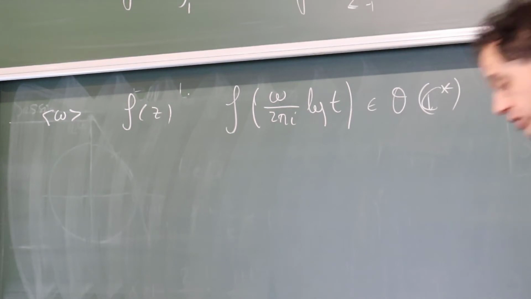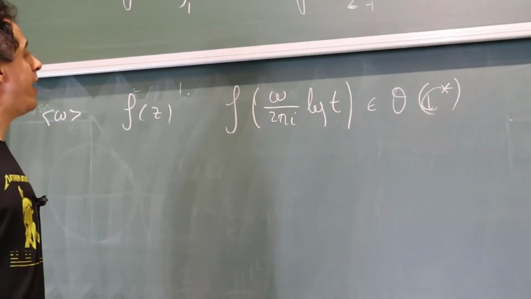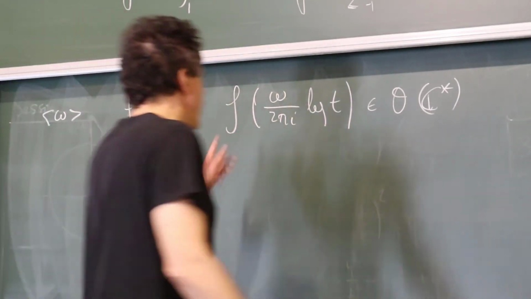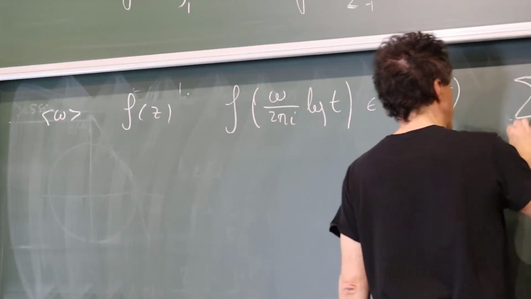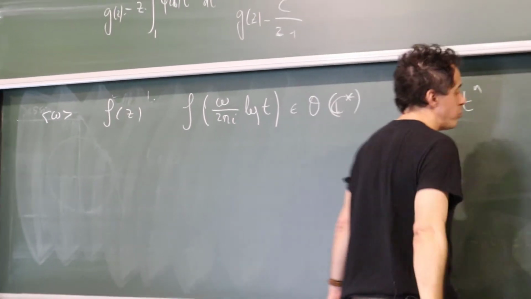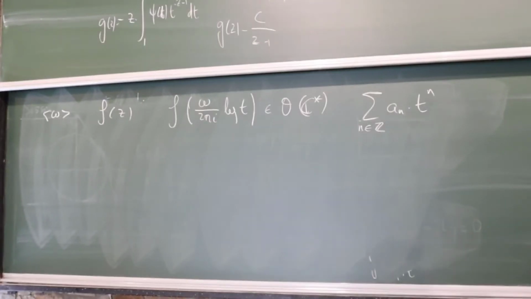So a holomorphic function on C star, sorry, on C minus 0, has a Laurent expansion. So this function has some Laurent expansion like this, a two-tailed expansion with perhaps an infinite number of terms with a negative exponent.